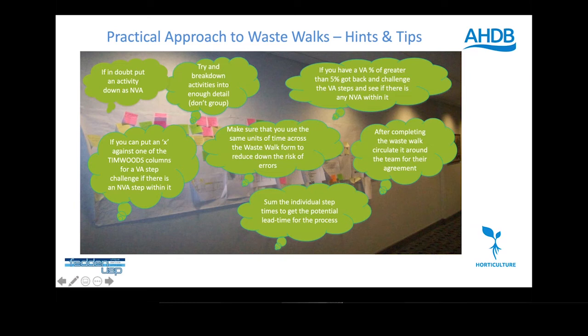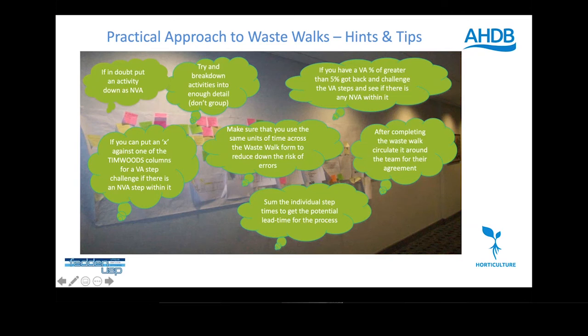Make sure you break down the activities into enough detail that you can actually start to see the waste within them. Sometimes it's very easy and tempting to group together some of the activities into one description, but the risk is that when you do that, you can't see the waste within the process steps themselves.